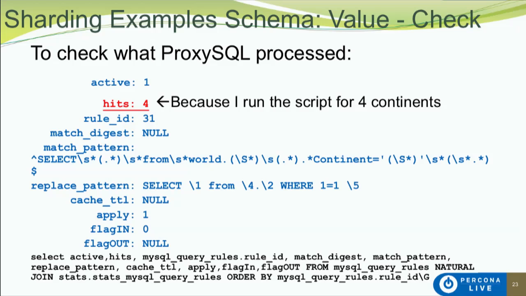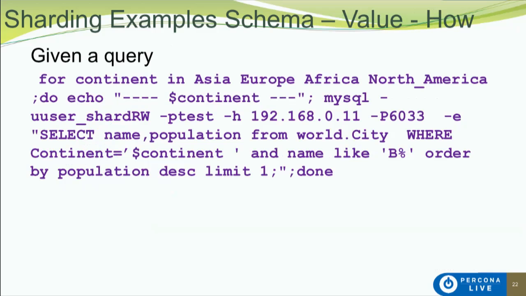And what it will report to you is the statistics of how many hits the specific rule has. In this case, I will get 4 times the hit, because in this specific script I was looping with a for condition to the 4 different continents: Asia, Europe, Africa, and North America.